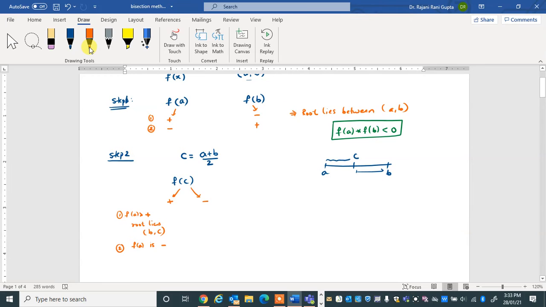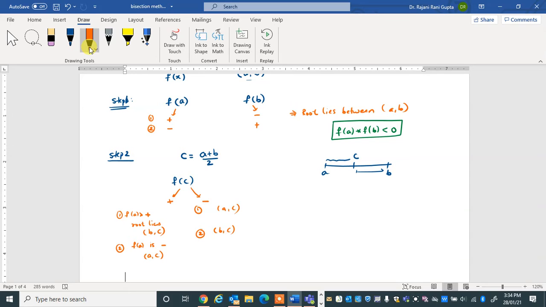In this case, the root lies between a and c. Similarly, if the value of f(c) is negative, for the first case the root lies between ac, whereas for the second case, when f(a) is negative, we say that the root lies between b and c.